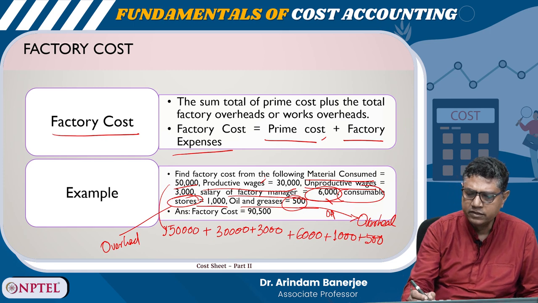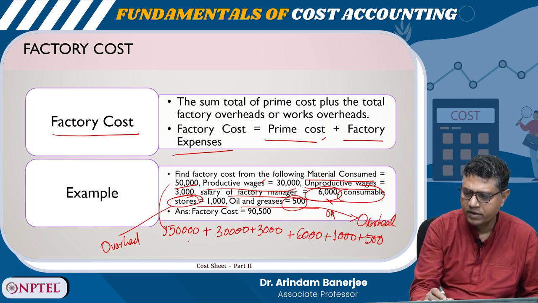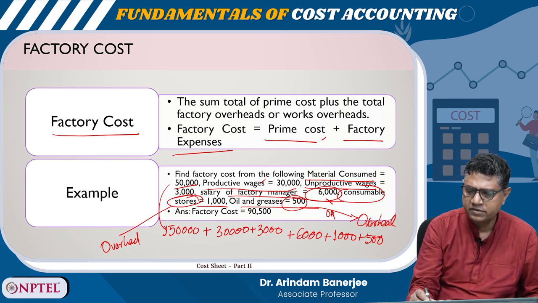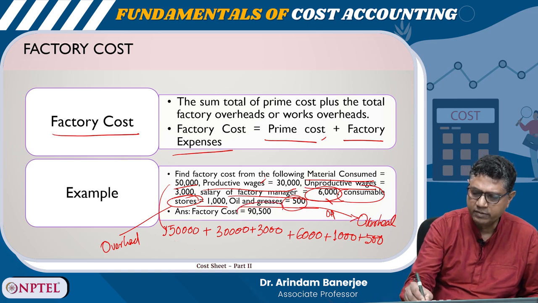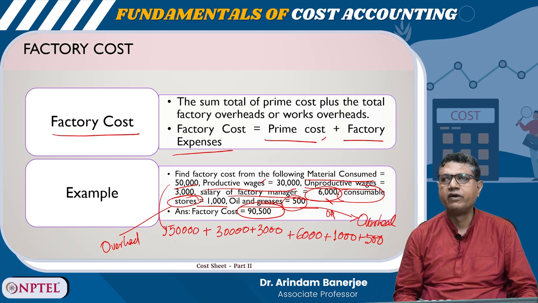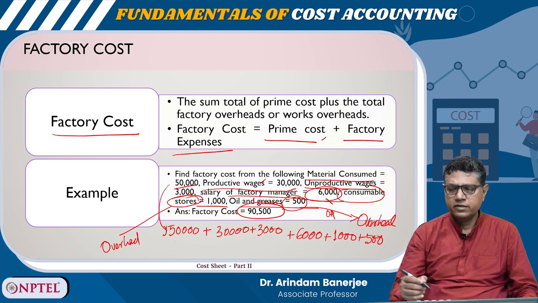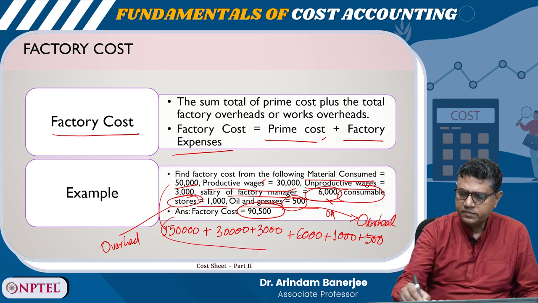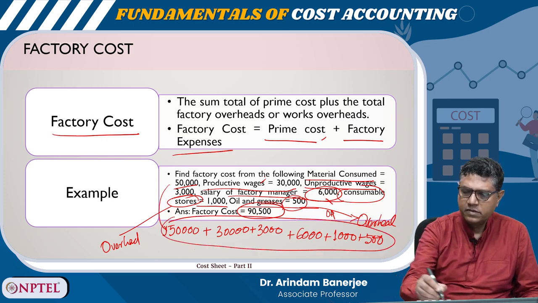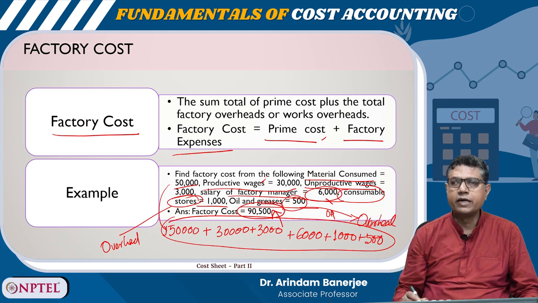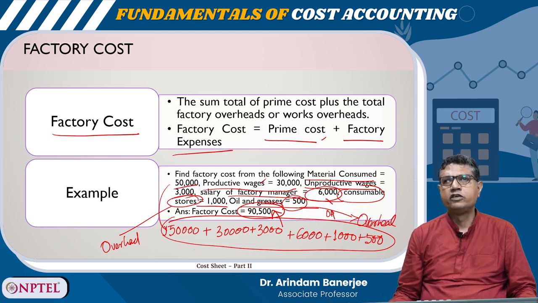If you add 50,000 plus 30,000 plus 3,000 plus 6,000 plus 1,000 plus 500, it should come to 90,500. By adding this, you can get the final factory cost.